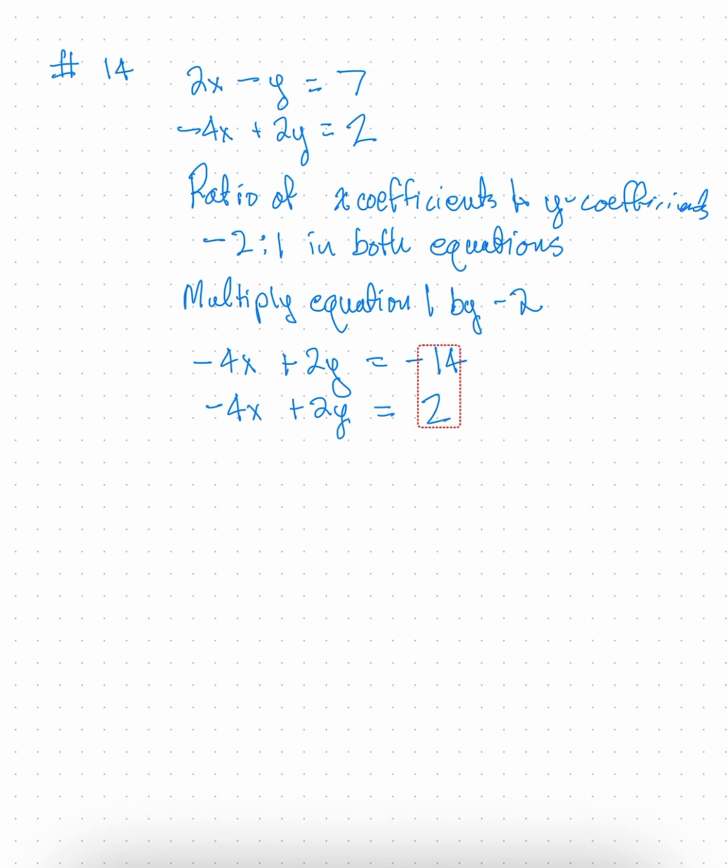Now, let's suppose we've got a pair of numbers, x and y, and we plug them in and they meet the first equation. Well, there is no way that -4x plus 2y could both be equal to -14 and +2. That is just impossible.